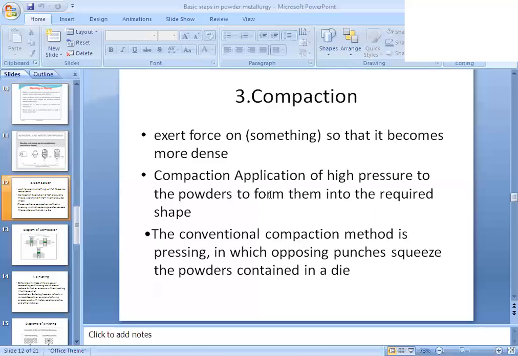Compaction: exert force on something so that it becomes more dense. Exert force means apply force on something so that it becomes more dense. For example, in the foundry lab we continuously hit the ram, three to four times, on the green sand.